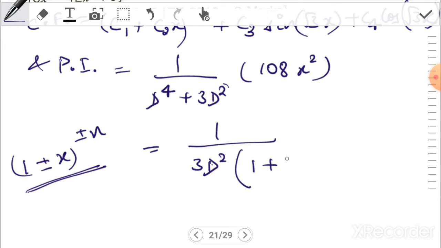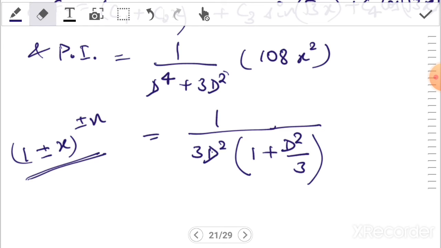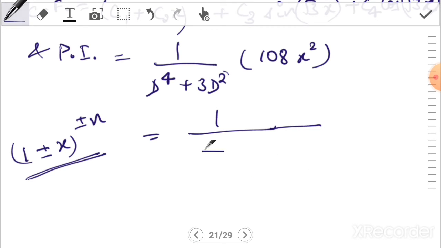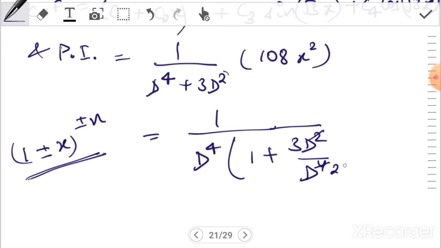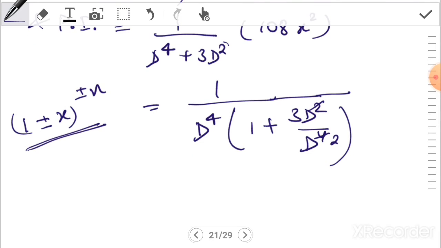So we will be left with 1 plus D square by 3. On the other hand, we could have taken D power 4 as common, then 1 plus 3 times D square by D power 4, right? Then we will have the expansion in 1 by D square, and the expansion of this would consist of the power of 1 by D square power n. That way we would be making it complex, right?